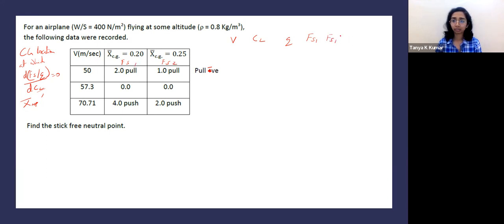Fs1 by Q, Fs2, Fs2 by Q. Let's just have those 3 velocities.